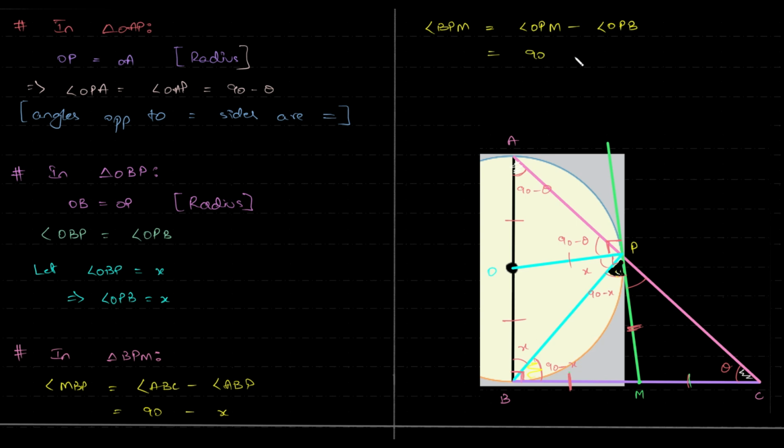So this is 90 minus x, right? So reason: tangent is perpendicular to radius at the point of contact. Is it not? So with this reasoning, this will be 90 and this is x. Agree? Again, I'm trying to cut short the writing. If you keep writing every possible thing, it is too difficult.